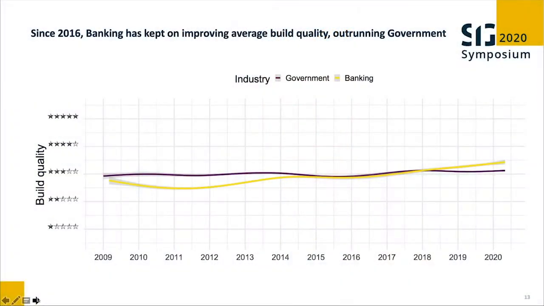So when we look here again at time, we go back to 2009, and at that time banking was actually under government in build quality. And that has only recently, in about 2018, shifted to the opposite.